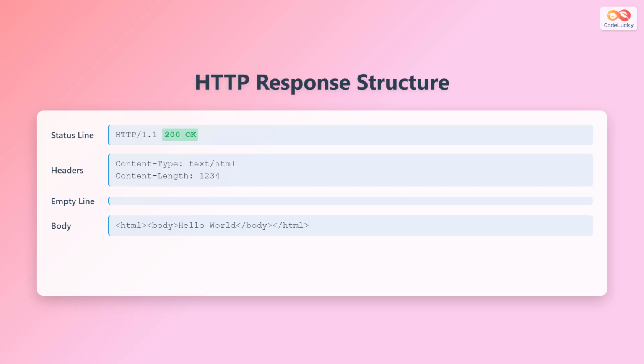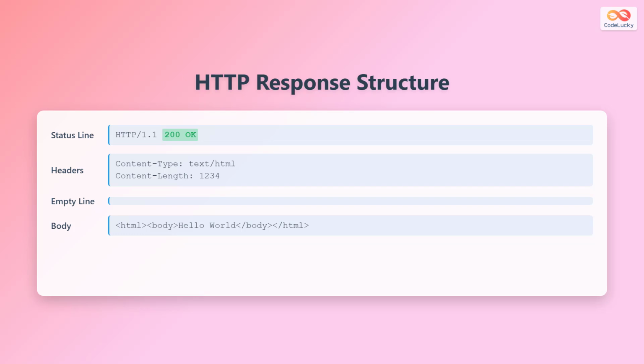HTTP responses also follow a specific structure that tells the client whether the request was successful and what data to use. Every response starts with a status line, which includes the HTTP version and a status code. For example, HTTP/1.1 200. Next come headers, which provide metadata about the response, such as the content type, the size of the response body, and caching instructions.